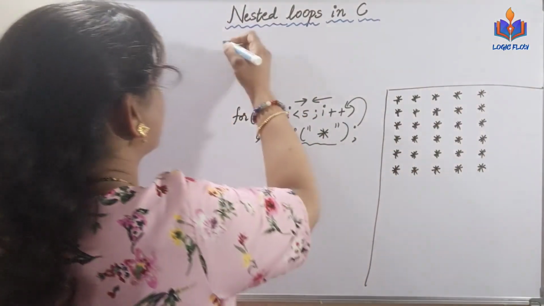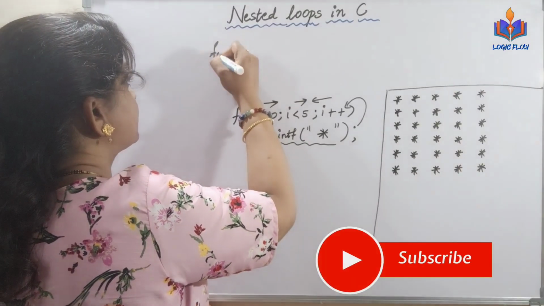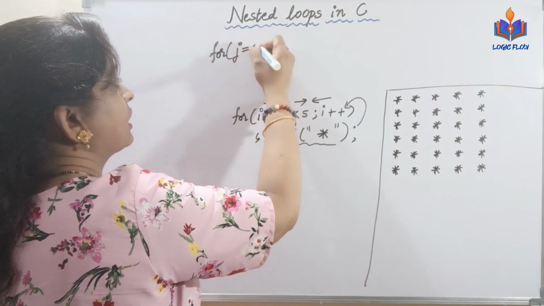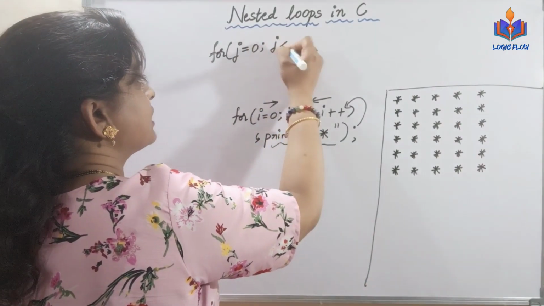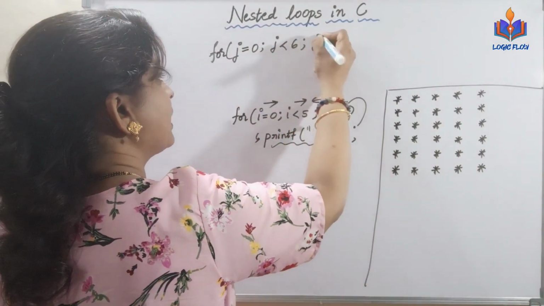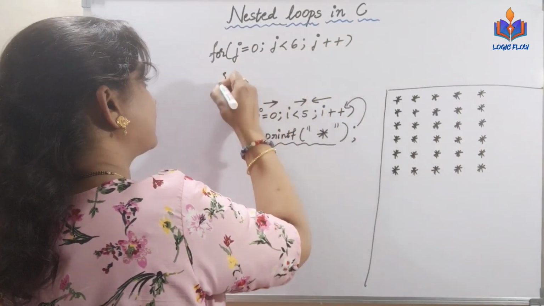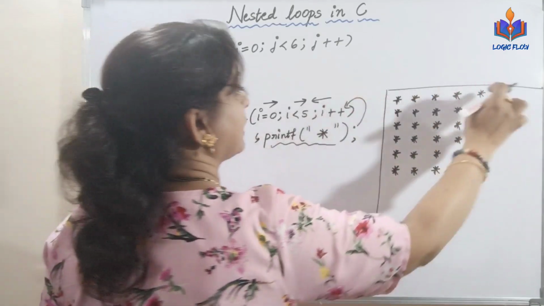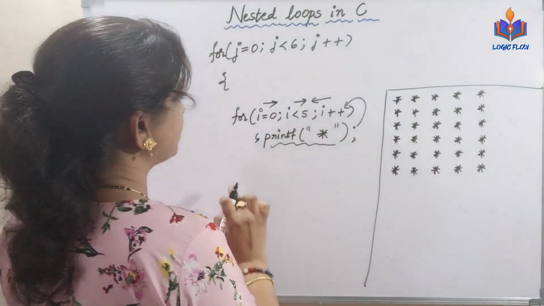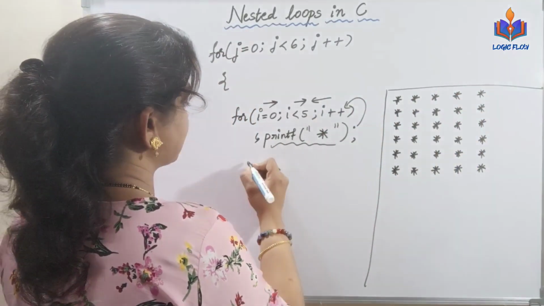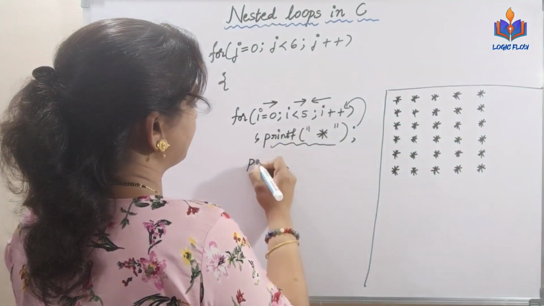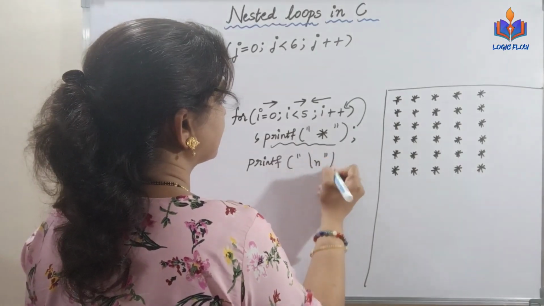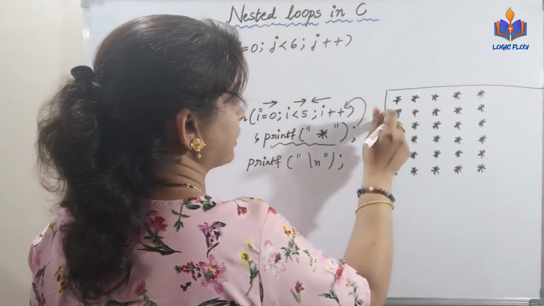So I'll put one more loop here. I'll say for, let me take the control variable as j equal to 0, j less than 6, j plus plus. Then get inside and print this star 5 times. After printing, when the inner loop terminates, it has to go to a new line, so the cursor comes to the next line.